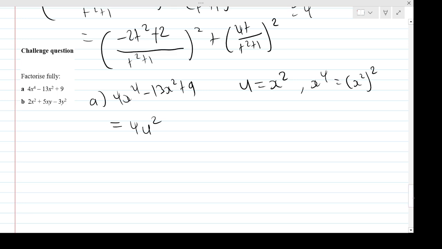And remember the power law, the index law at the start of this chapter. If you have a bracket like this that's all raised to a power, we times the powers together. So 2 times 2 is x to the 4. So if I square u, u squared would be x to the 4, then I get 4u squared minus 13u, since x squared is u, plus 9.